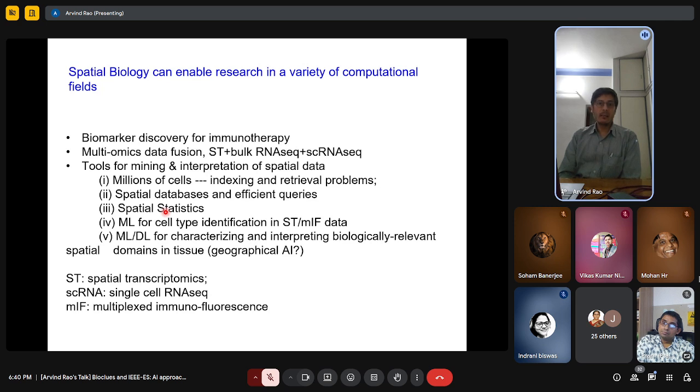There's just a huge amount of data. We don't know what to do with it. And there are a variety of techniques that already exist in computer science that if we could co-opt and adapt into our problem space, we could do amazing things. Okay, so I'll just mention that to you and I'll move on.